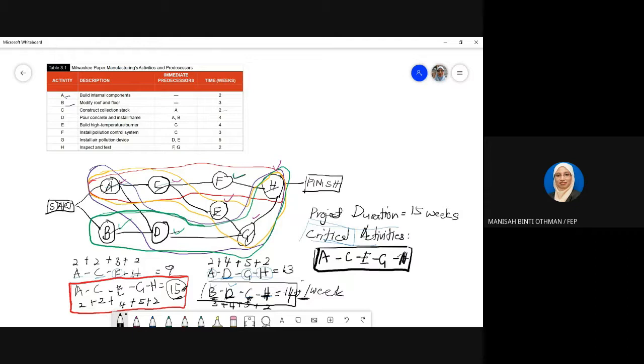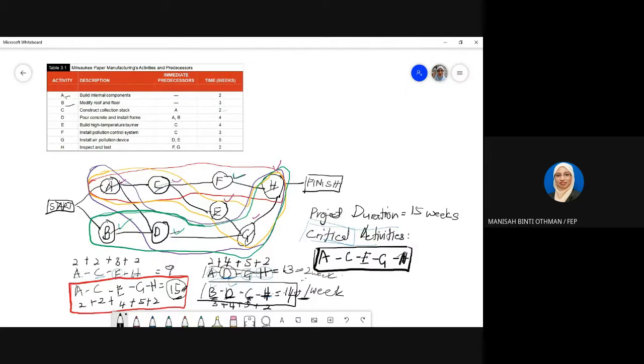But you can see here this path, A, D, G, H, is 13 weeks. So it means that you can delay 2 weeks. A is critical, G is critical, H is critical. So based on this path, D, you can delay about 2 weeks.